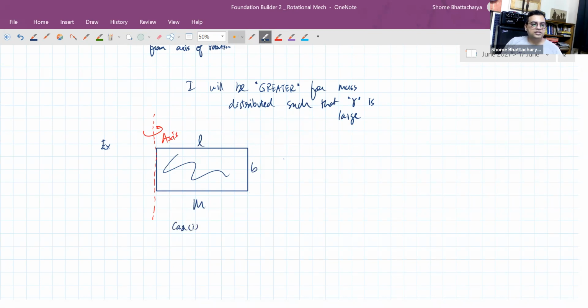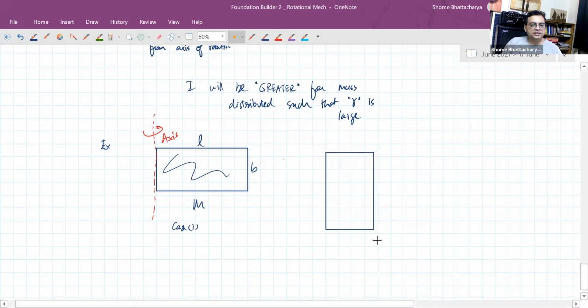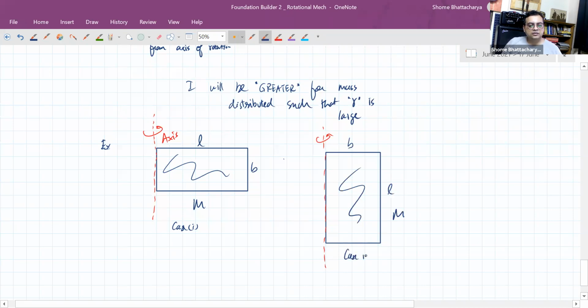But in the second case, the same thing is placed like this, and now the axis is this one. So it's the same rectangular plate having the same dimensions, but in this second case, the moment of inertia will be less than in the first case.